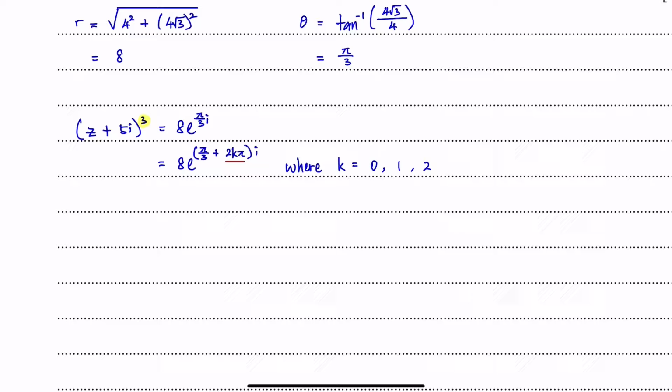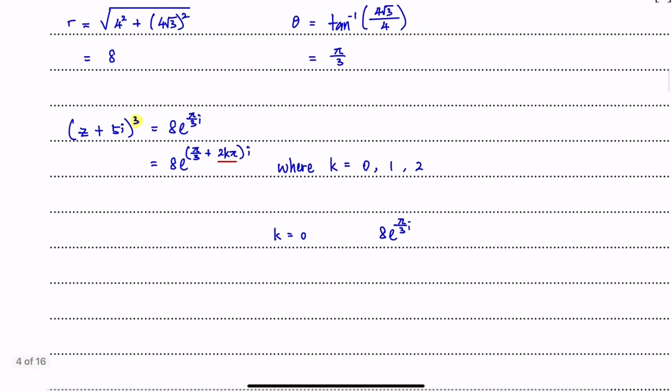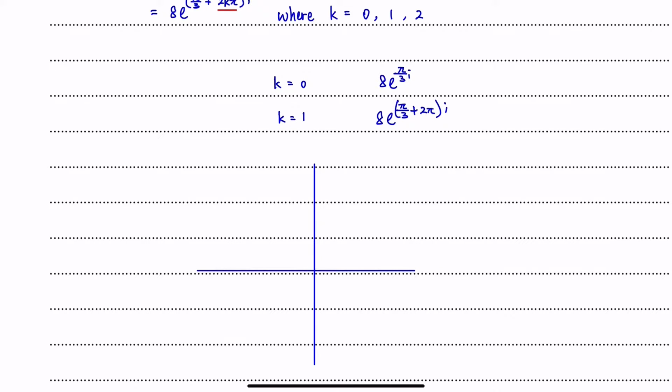So why is this 2k pi here? Let's say when k equals 0, you get 8 times e to the pi over 3 i. And when k equals 1, you basically get 8 times e to the pi over 3 plus 2 pi i. That means it was originally here, and now you add 2 pi. That means you will rotate for one round and go back to the original position.